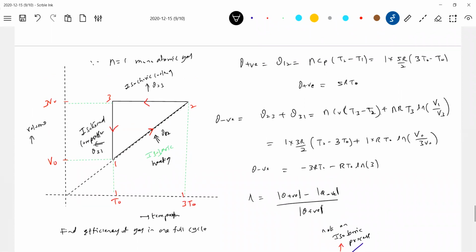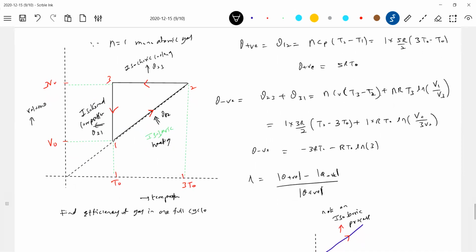In chemistry, you are bothered about what will happen on the gas. So the conventions change drastically, but the method is the same. Isothermal process, anywhere it will be the same.